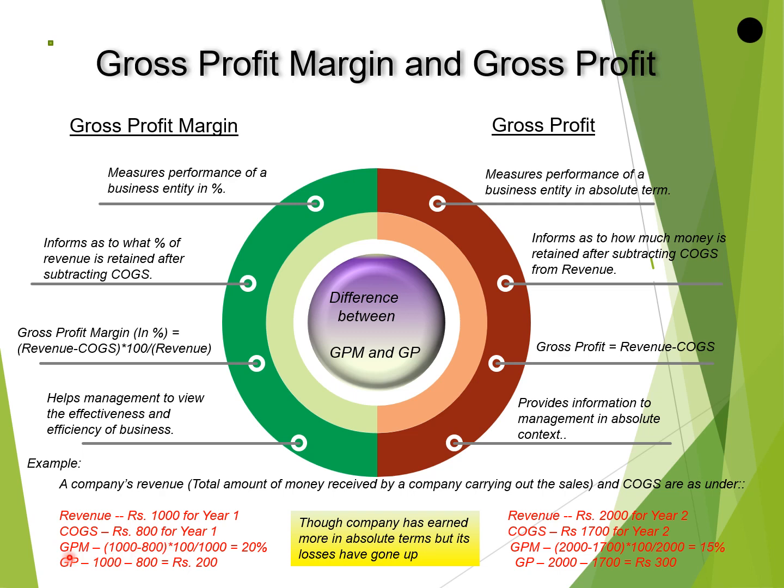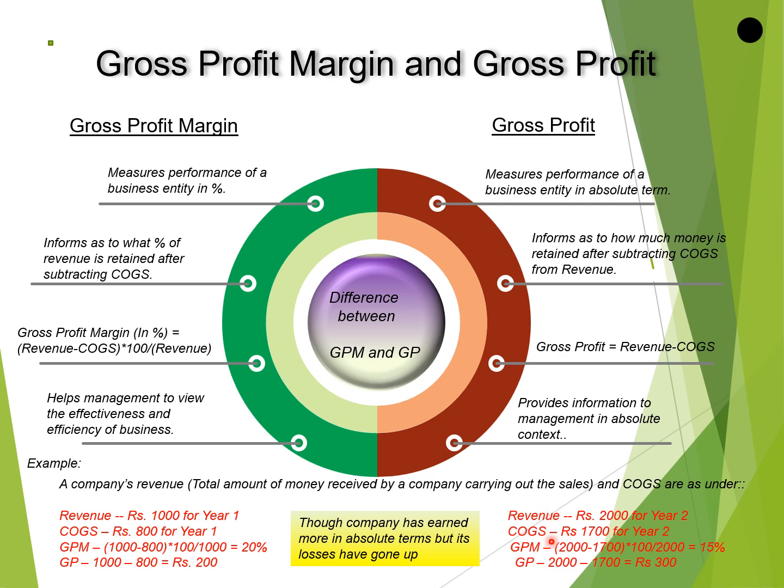Then the gross profit margin shall be as per this formula: revenue minus COGS, that is 1000 minus 800, into 100 upon 1000, that is 20%. So we'll say the gross profit margin for the company was 20% in year 1, whereas the gross profit was simply revenue minus COGS, that is 1000 minus 800, that is rupees 200.